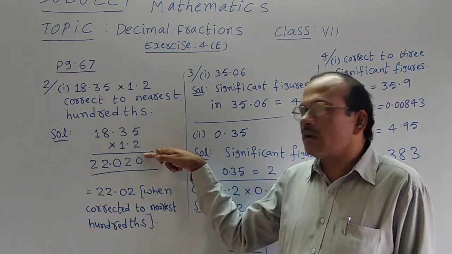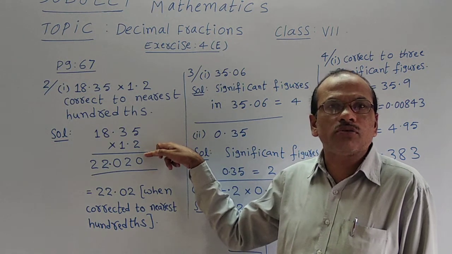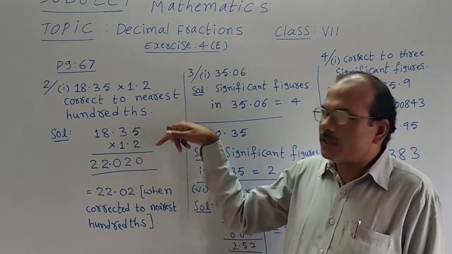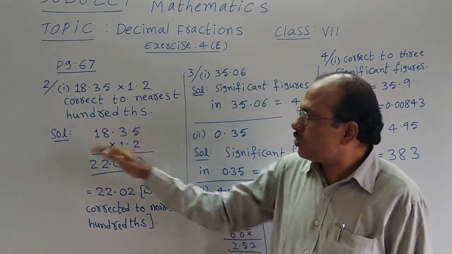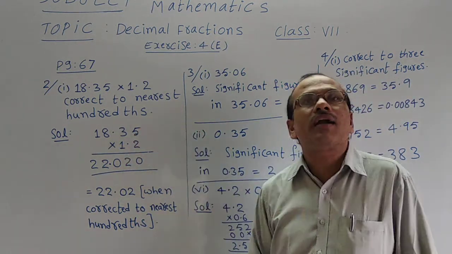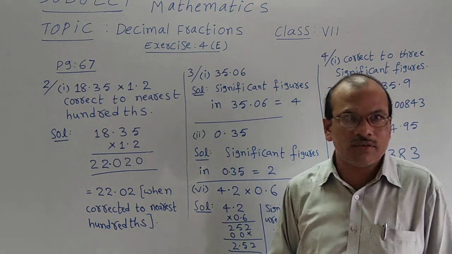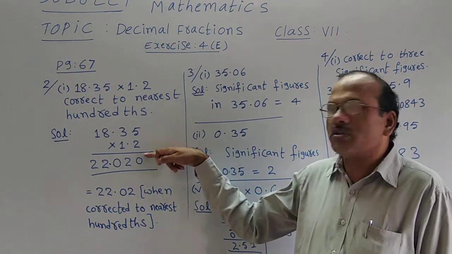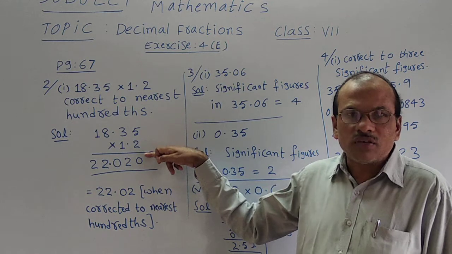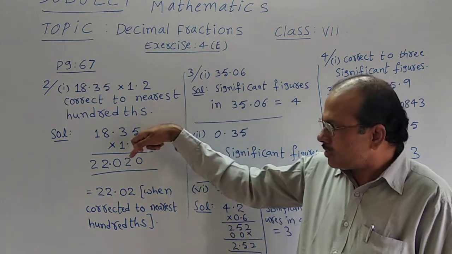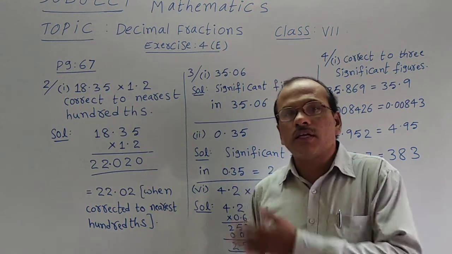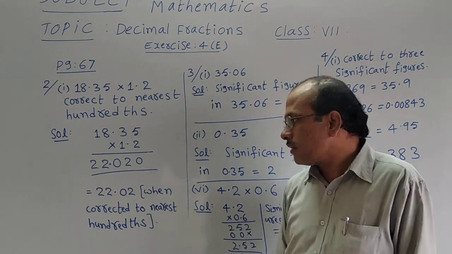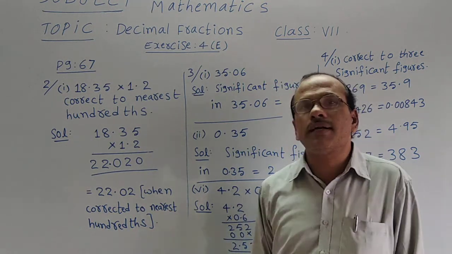If the 1000th place digit which I am going to remove is 5 or more than 5, then 1 should be given to the previous 100th place digit. Here this is 0, it is less than 5, so we can ignore it. Up to the 100th place only I have written. Is it clear now? That is when corrected to the nearest hundredths place.